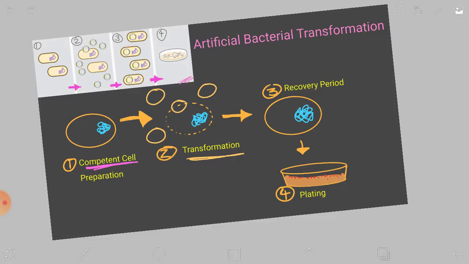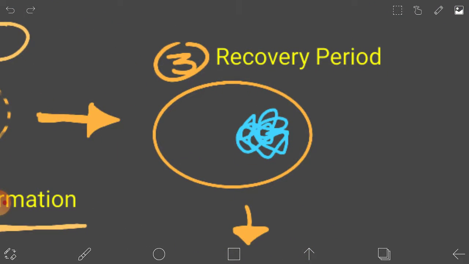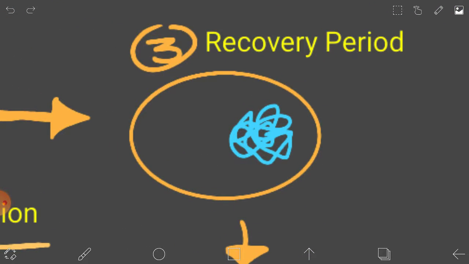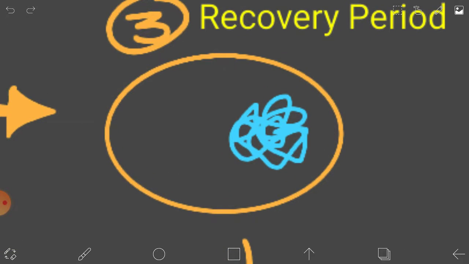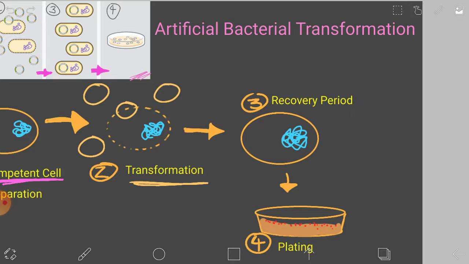Now going to the recovery period. All of the cells are put in an antibiotic free liquid for a short period of time to let the antibiotic resistant genes acquired plasmid begin.